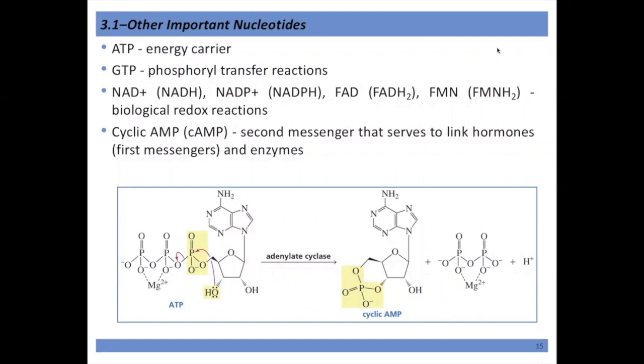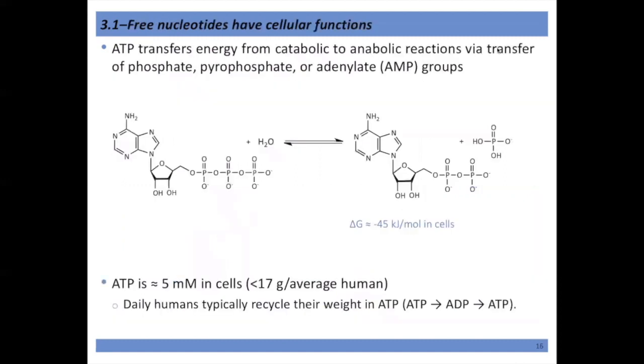In fact, one of them is taking ATP, and we take that 3' hydroxy group, attack one of those phosphates, kick off two, and we end up with cyclic AMP, or cAMP, which is a second messenger, serves to link hormones, first messengers, and enzymes. So we actually use ATP for energetic purposes in our cells as well as a second messenger.